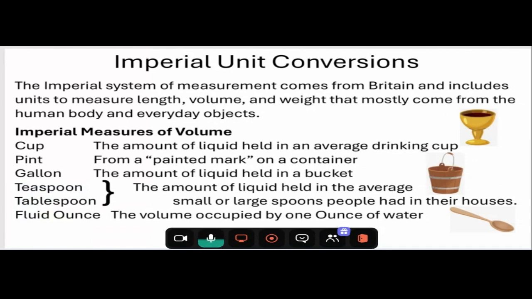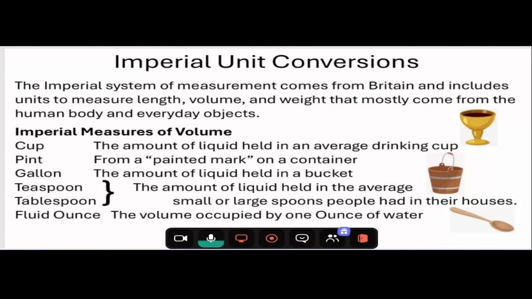On to volume, the imperial units for volume. A cup, not surprisingly, is the amount of liquid that you would have in the average drinking cup that you had around the house. These are, again, the original meanings. Pint actually comes from painted, and if you had a bigger container, people would paint a line on it as a measurement.